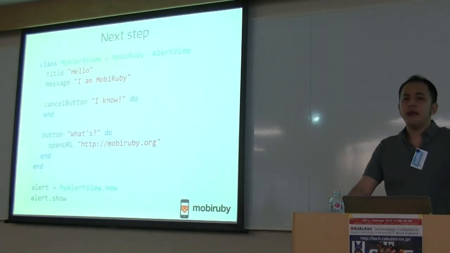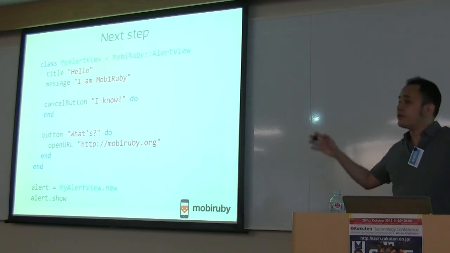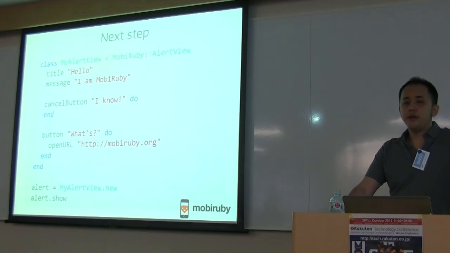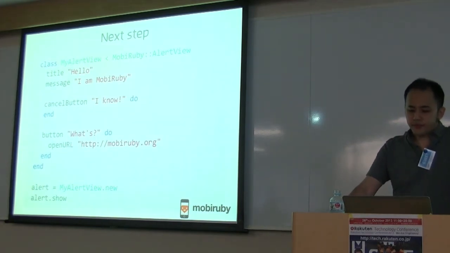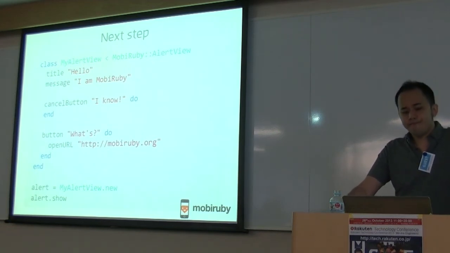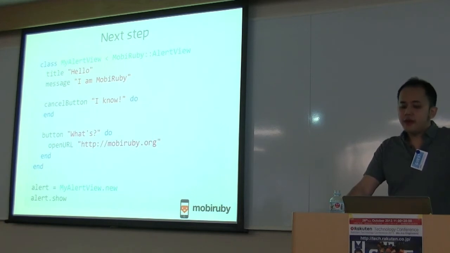So I'm aiming for this code in the next version. It looks like truly Ruby language. In Ruby on Rails, ActiveRecord wraps SQL and provides a good DSL to Ruby programmers.